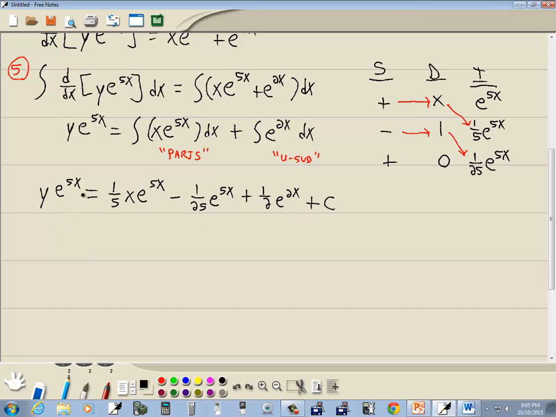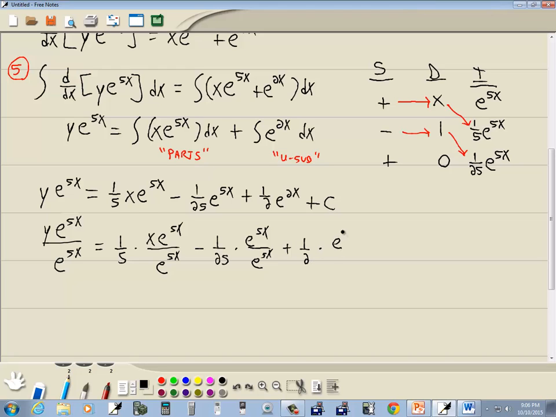Now I want to get y by itself, so I divide everything by e to the 5x. So x e to the 5x over e to the 5x, minus 1/25 times e to the 5x divided by e to the 5x, plus 1/2 e to the 2x divided by e to the 5x, plus c over e to the 5x.